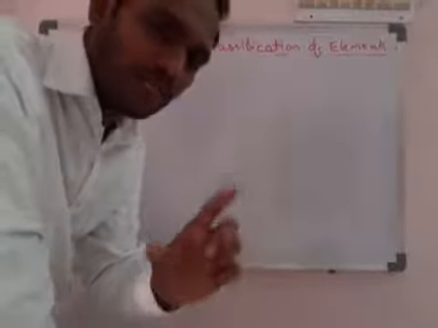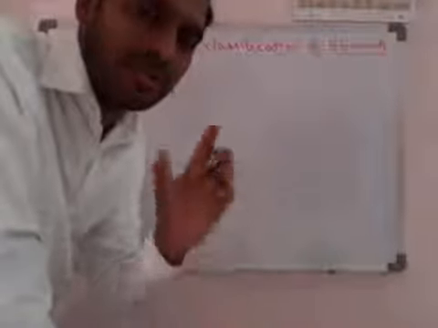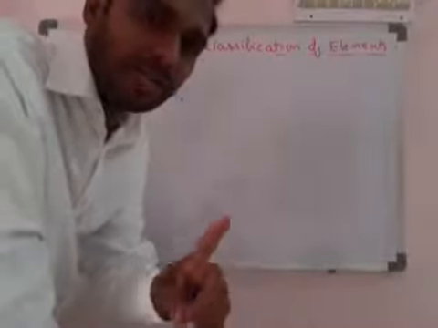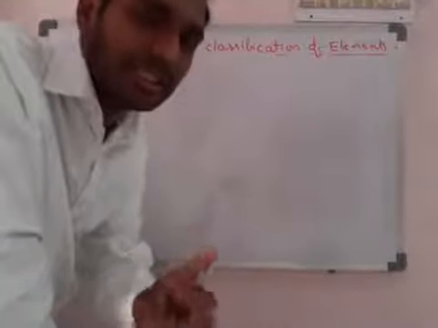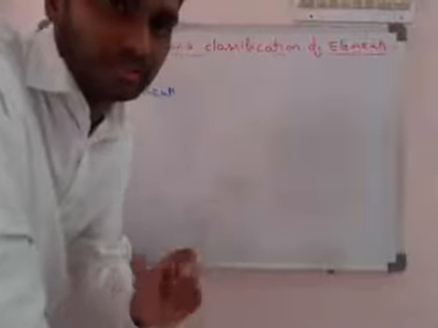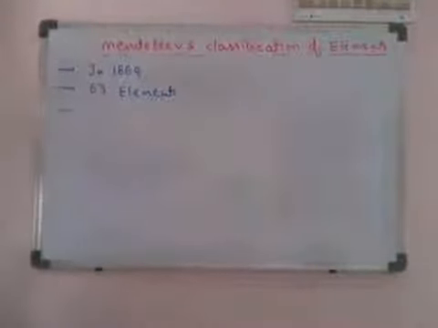He also considered the physical properties, but he gave main concentration to the chemical properties of elements, by comparing with atomic weight. Just remember, at that time there was no concept of atomic number. He gave importance to the similarity in the chemical properties.